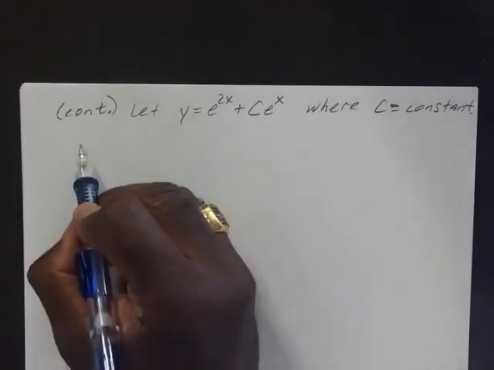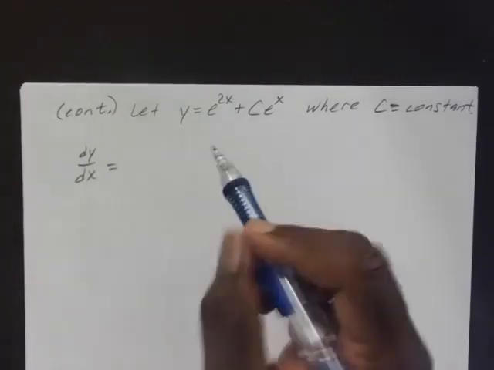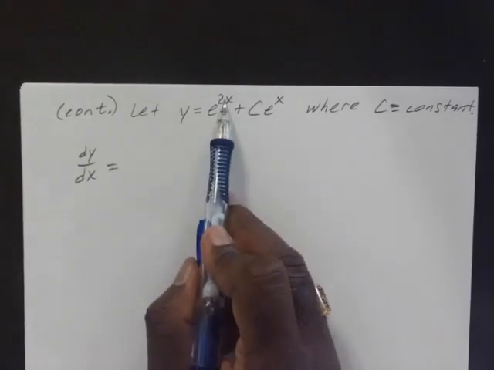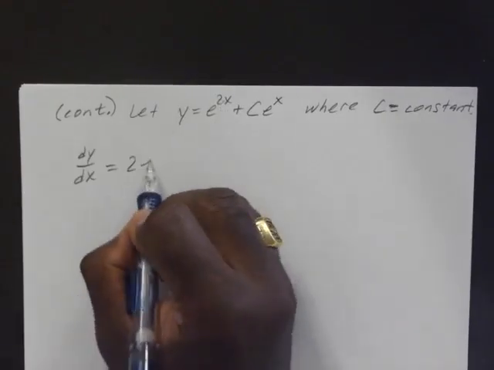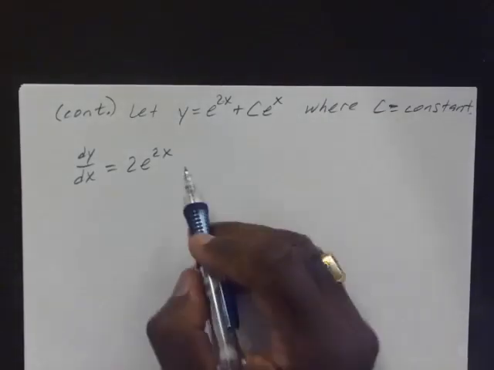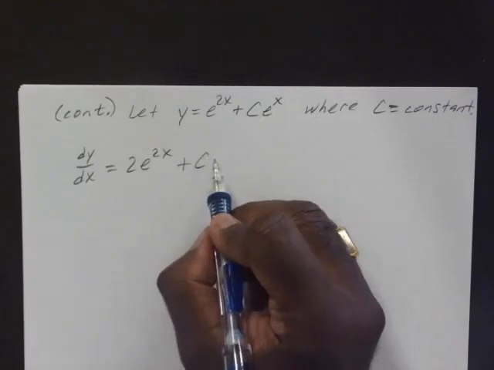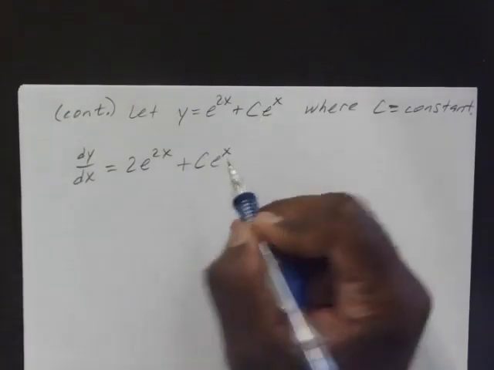Okay, so that means our derivative of y with respect to x is equal to the derivative of e to the power of 2x, which is 2 times e to the power of 2x, plus some constant times the derivative of e to the power of x.